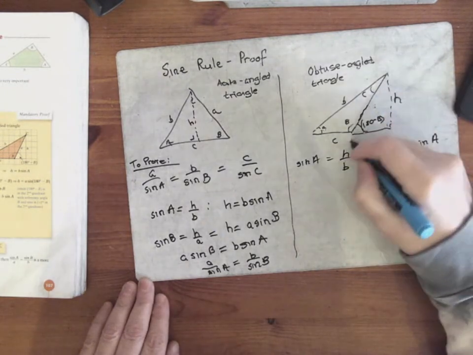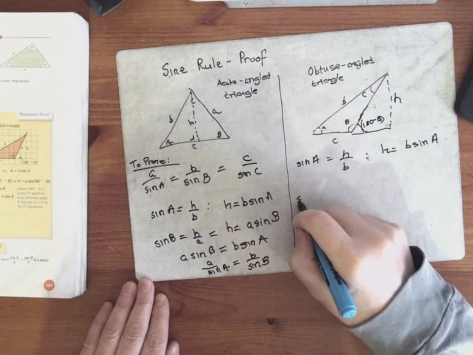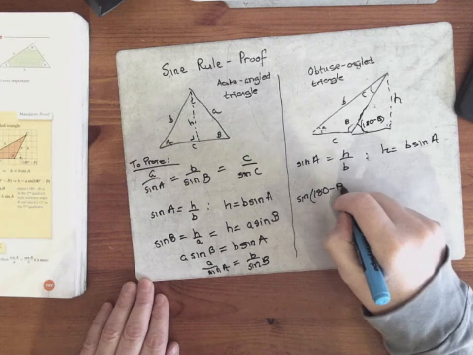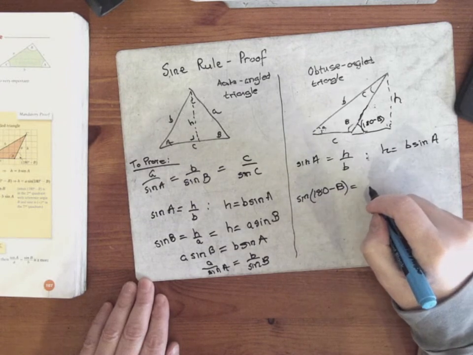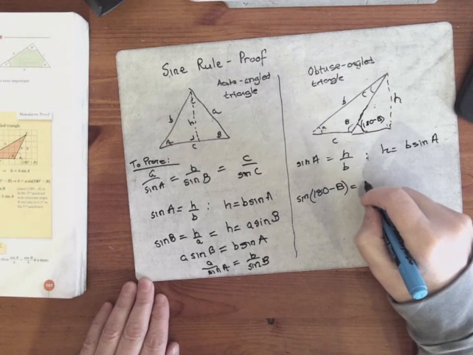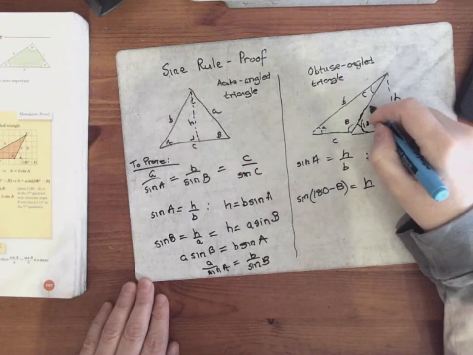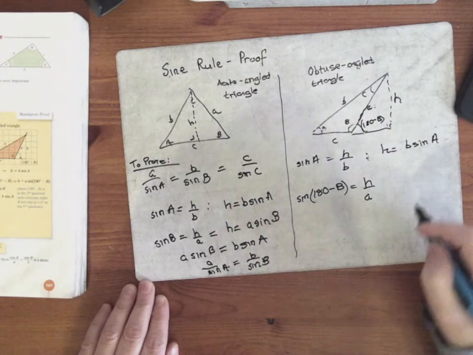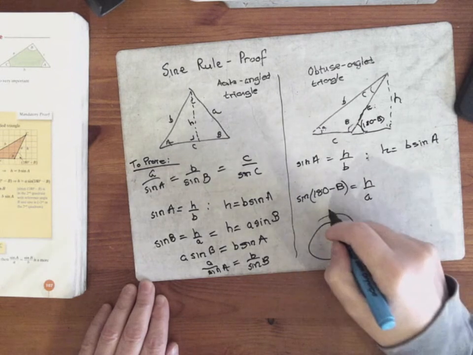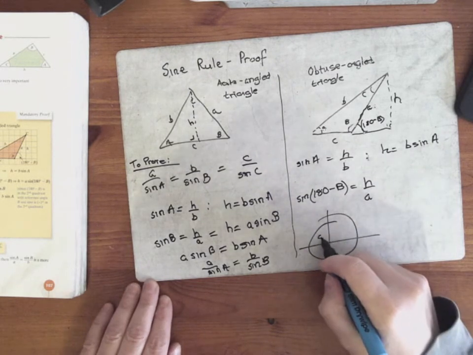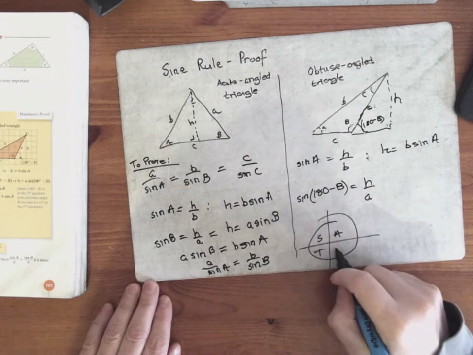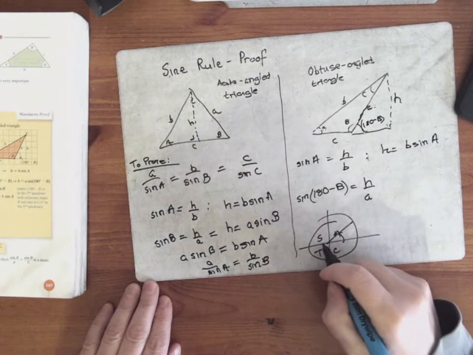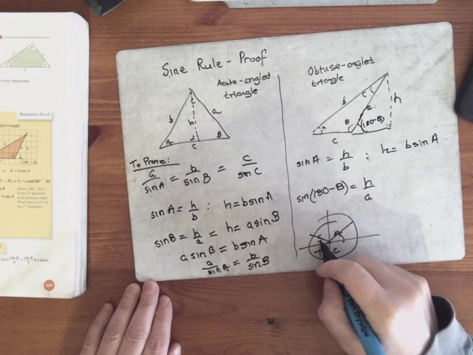Okay, then in the small right angle triangle, it's not B now, it's sine of 180 minus B is equal to H over A. This is A, sorry, I never wrote in A there. H over A. Right, now, you needn't draw this down, so Sex and the City, right, okay, so if we have an angle here, the sine of it is positive, right, and 180 minus that angle will be there, the sine is also positive.